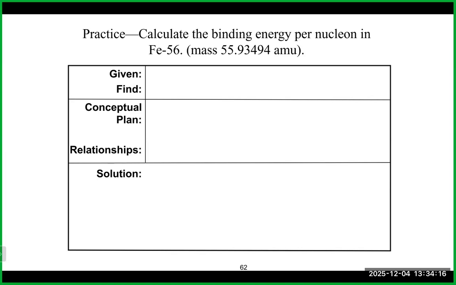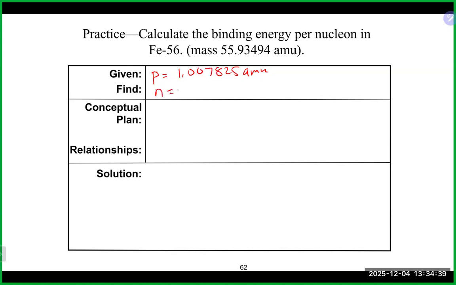All right, so we've been talking about binding energy per nucleon, and we did a couple of examples. Let's do this last one here. Again, give me some information. Once again, our proton is 1.007825.